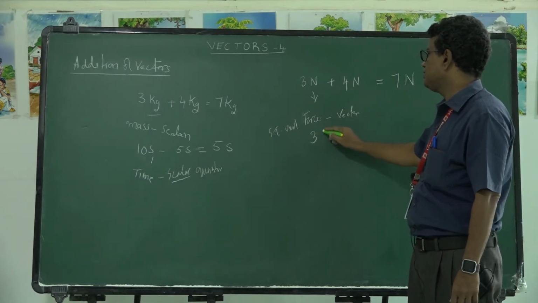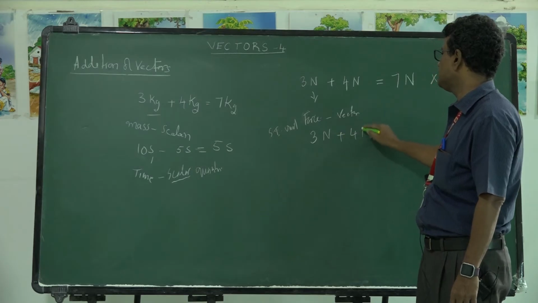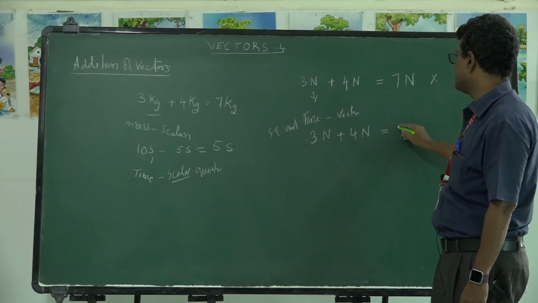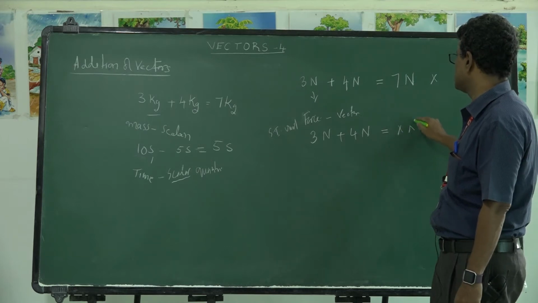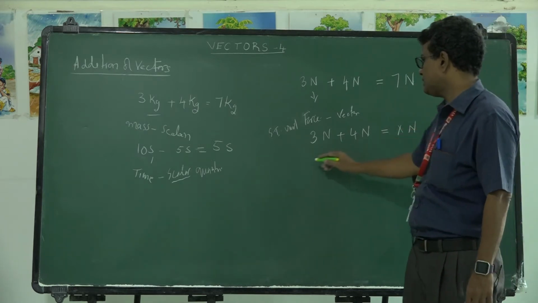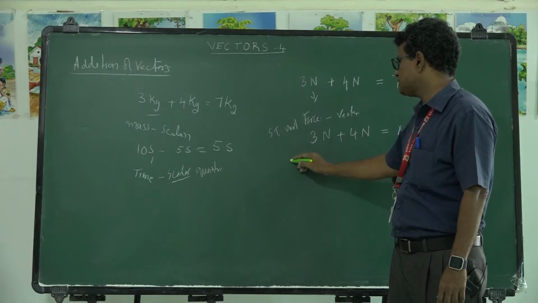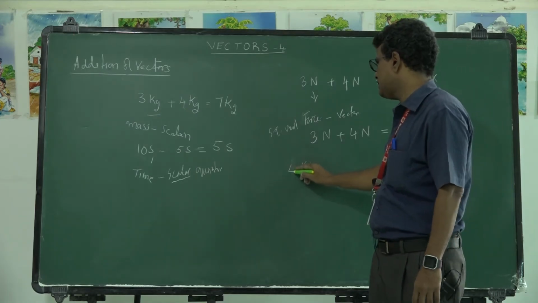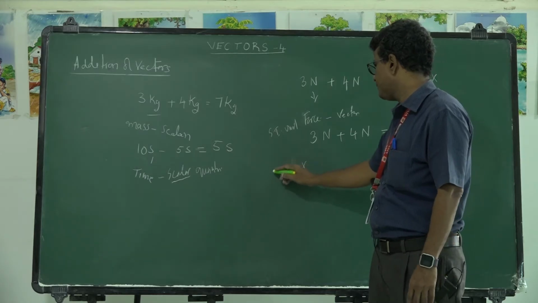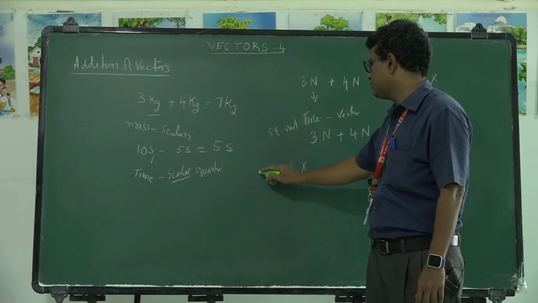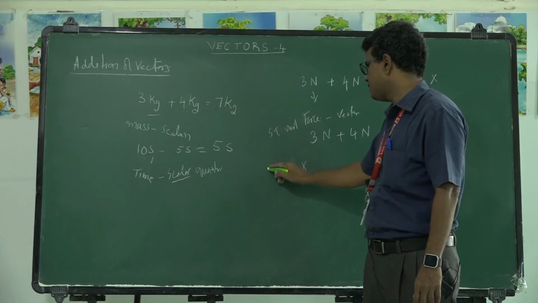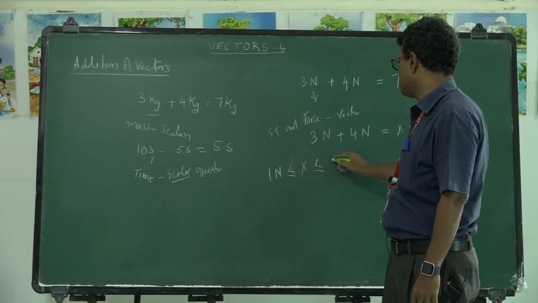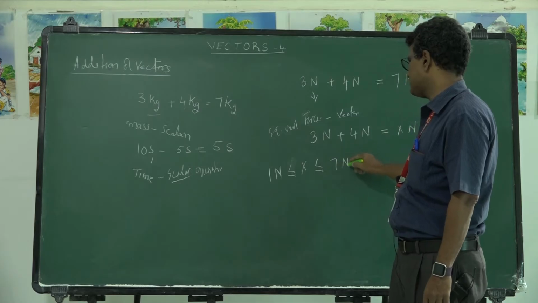So 3 newtons plus 4 newtons, the answer should be how much? x newtons, where x is greater than or equal to 4 minus 3, 1 newton, and less than or equal to 7 newtons.